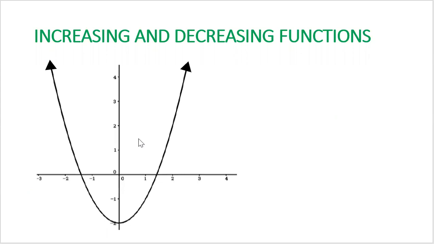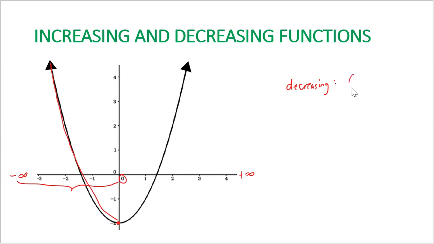Now, next we consider the following graph, and again, the x-axis will be labeled from negative infinity up to positive infinity. But if we look at the graph from left to right, the graph is decreasing until this point. And this point has x coordinate equal to 0. So this means that the graph is decreasing from negative infinity up to x equal to 0.